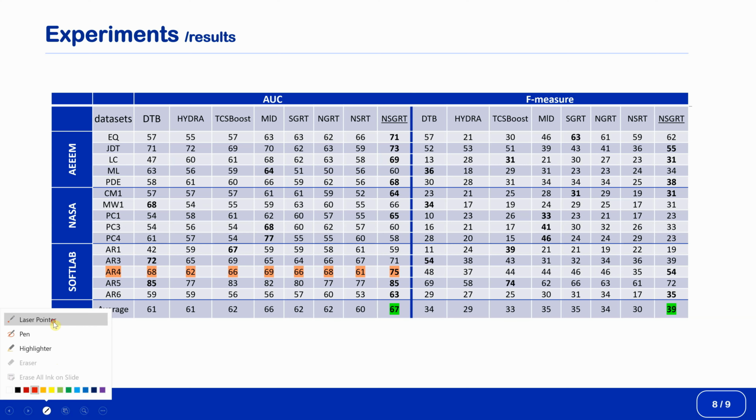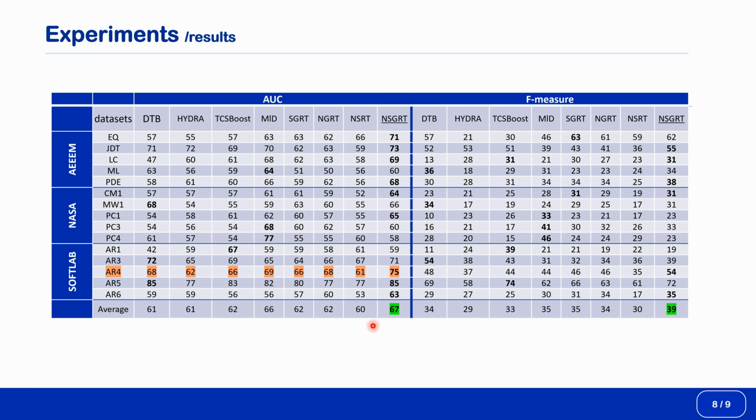This table contains the results of our experiments, which indicate that NSGRT, the proposed model of this study, generally outperformed other CPDP state-of-the-art models. As you can see, in the NASA or PROMISE repository, NSGRT got results which are comparable to other benchmarks, but in the two other repositories, NSGRT performed significantly better than the others, especially in the case of the average of the results.